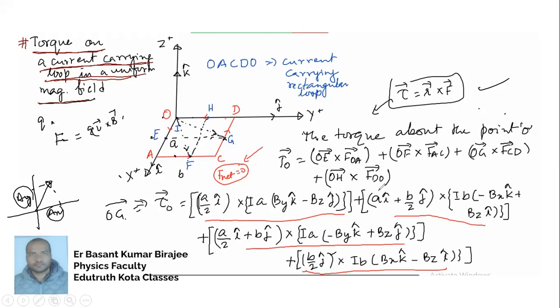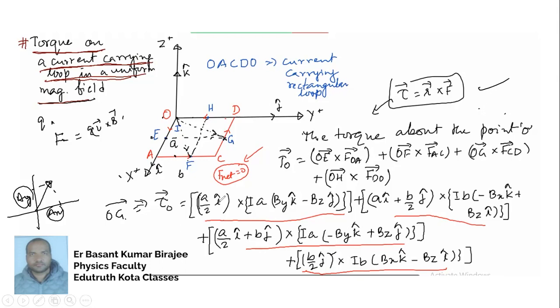And in the very first slide, we calculated the forces FOA, FAC, FCD, FDO, and we also calculated the values of OE, OF, OG, and OS. So we just have to put in the values.